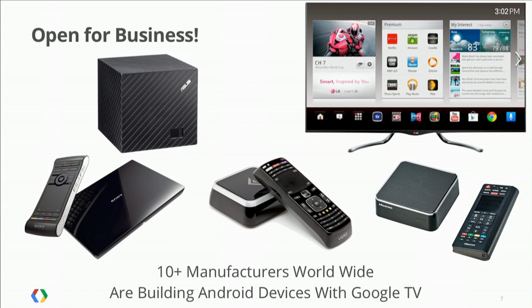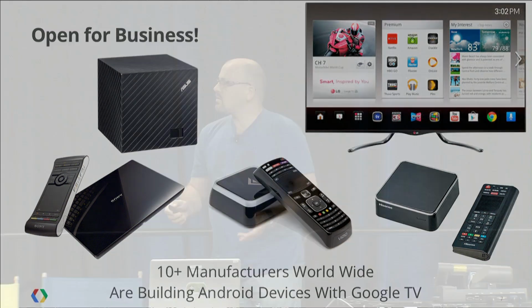We have what we call buddy boxes. You connect them to your existing TVs to turn them into smart Android TVs. We have launched a series of partners with ARM chipsets: Sony, Vizio, Hisense. We have over 10 manufacturers worldwide currently building Android devices with Google TV.